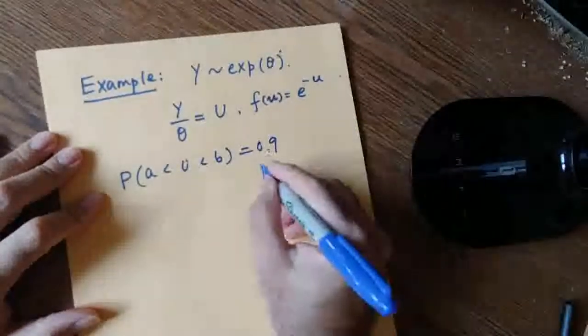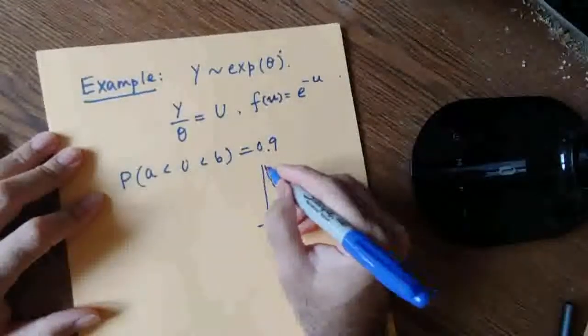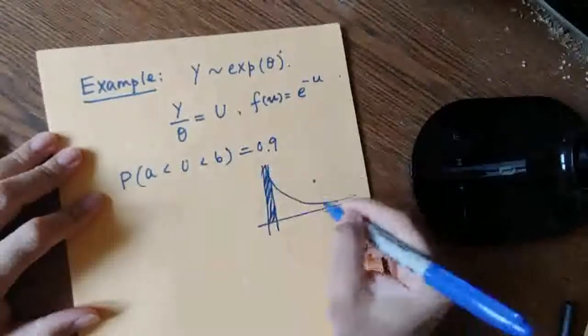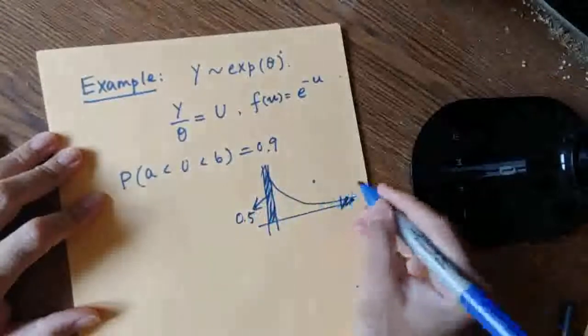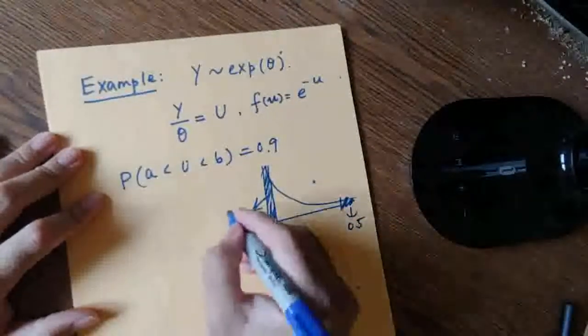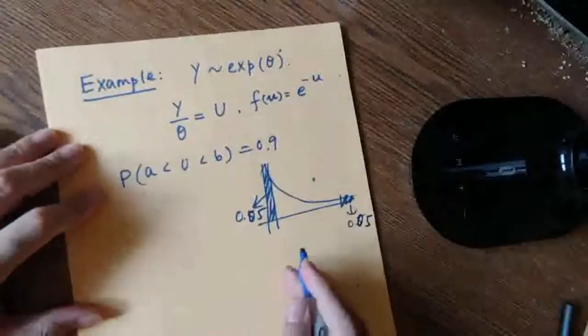So if I try to draw this, this is the exponential pretty much, and I'm pretending that this area and this area, these two are 0.05.